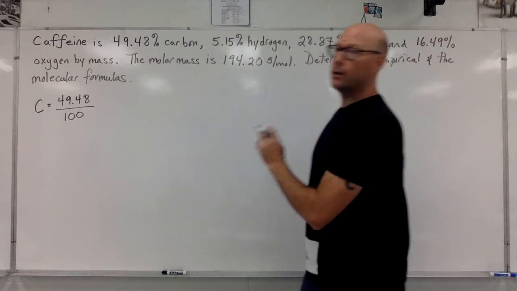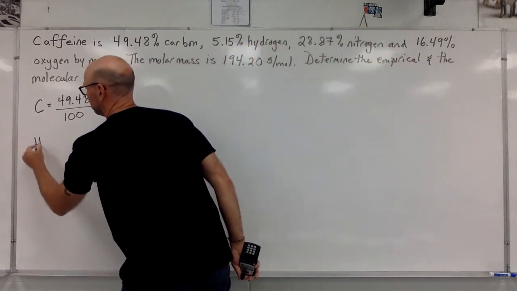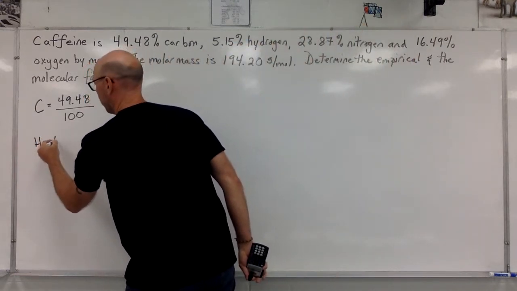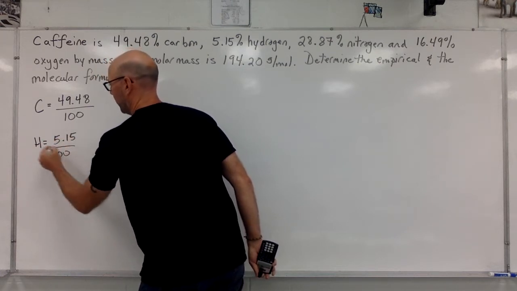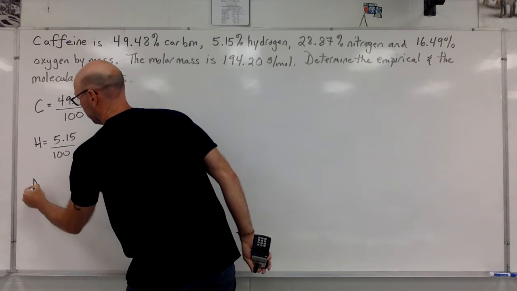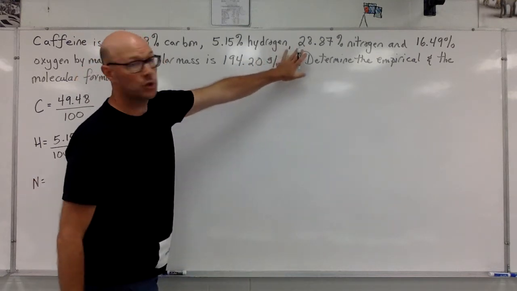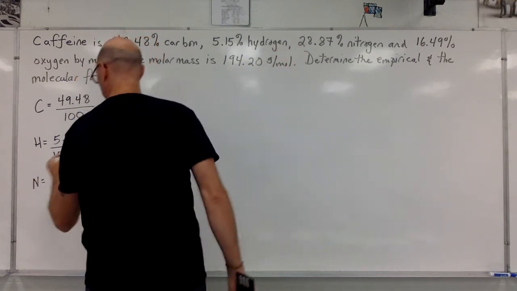The same for the hydrogen. It's 5.15. You need to divide that by 100. For the nitrogen, it's 28.87.